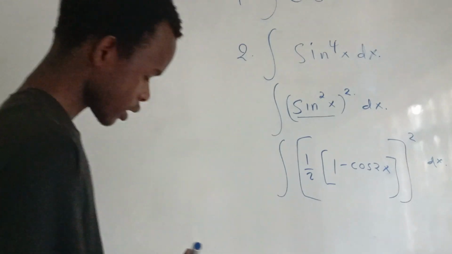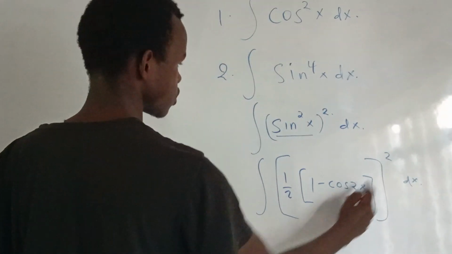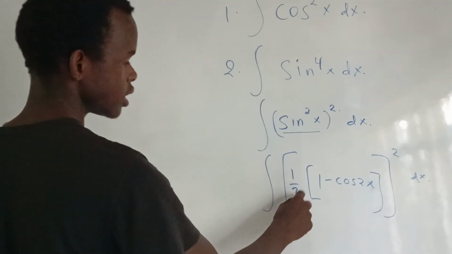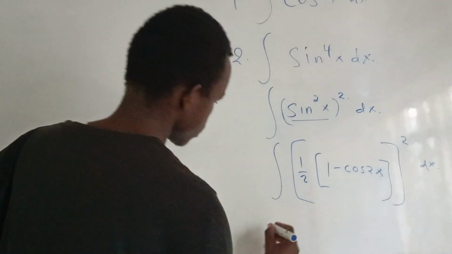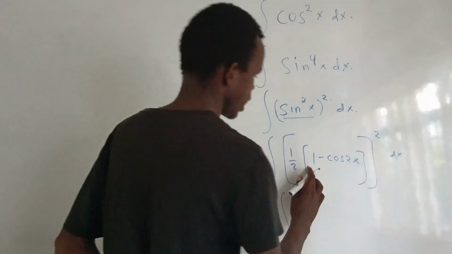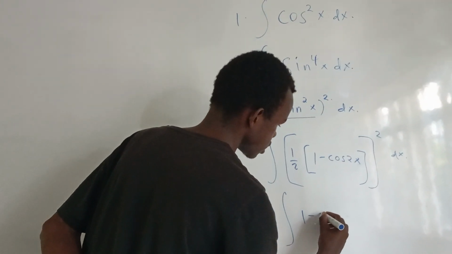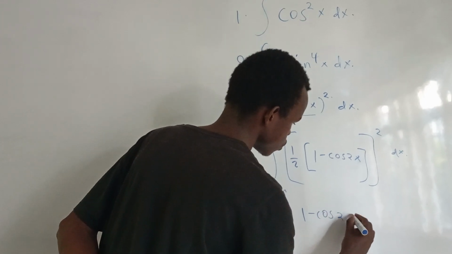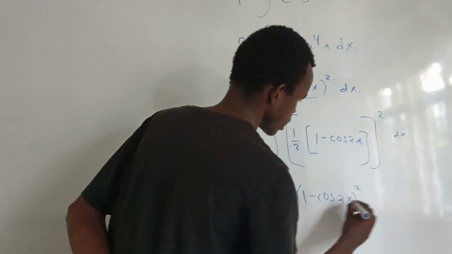So I'll square my half, I'll get a quarter outside the integral. I'm remaining with 1 minus cos 2x all squared, dx.